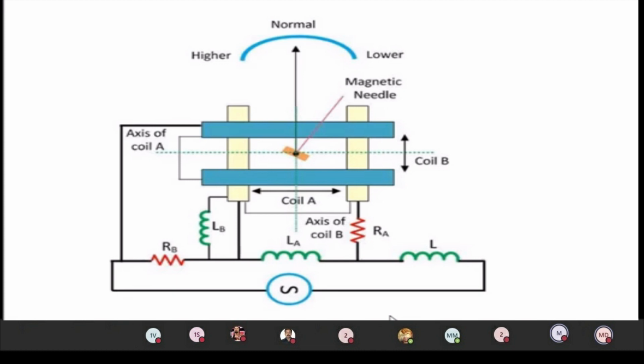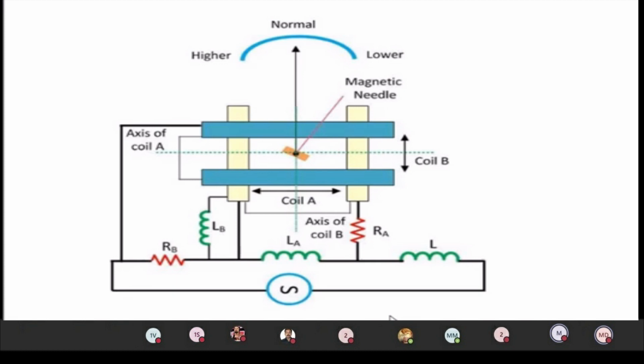In case number one, when the supply of normal frequency is applied across the meter, a voltage drop of the same magnitude occurs across the reactance LA and resistance RB. So the voltage drops across inductance LA and resistance RB have the same magnitude.